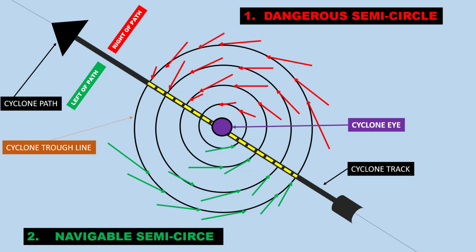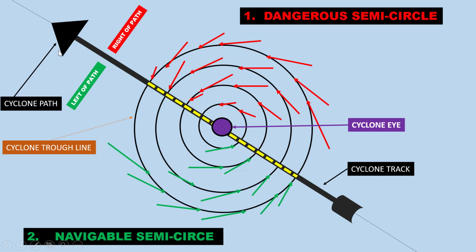In this diagram, we have the dangerous semicircle and the navigable semicircle, with green arrows turning counterclockwise and red arrows at the dangerous semicircle also turning counterclockwise. Also, you have the cyclone track.